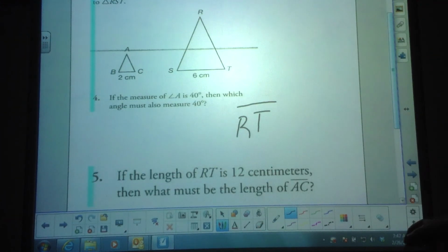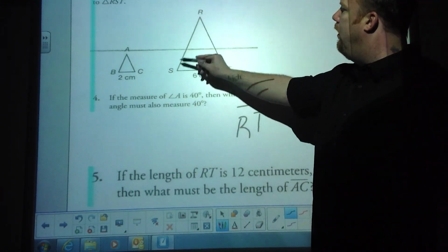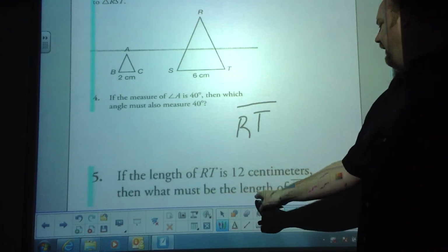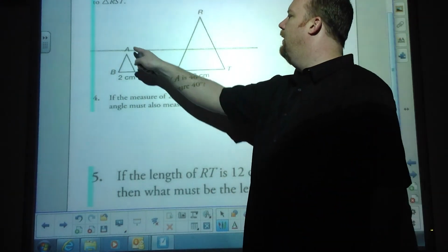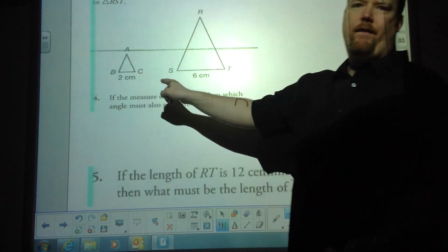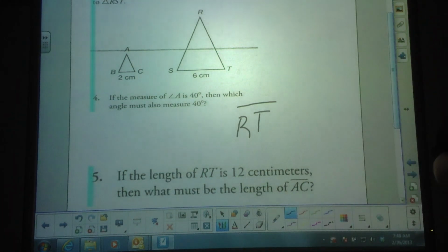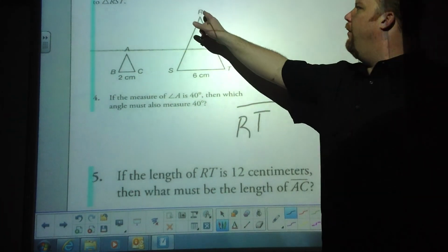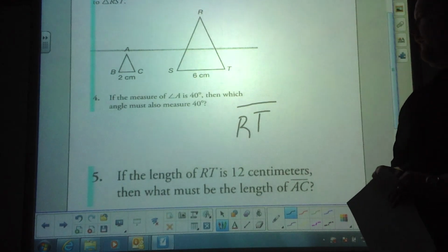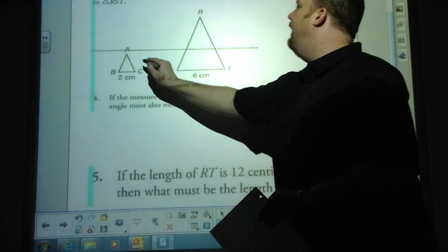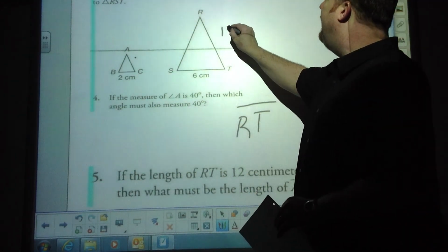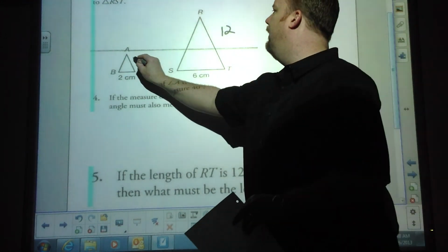If the length of RT is 12 centimeters, then what must be the length of AC? Those do correspond because you're going from the first to the last letter in that triangle. And again, it won't always be laid out this easy. But what they're saying is, this corresponds with this right here. And if RT is 12, then what must this be?